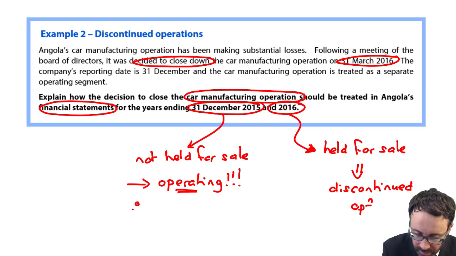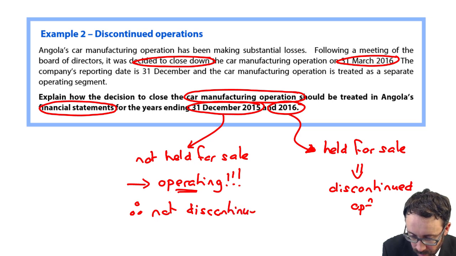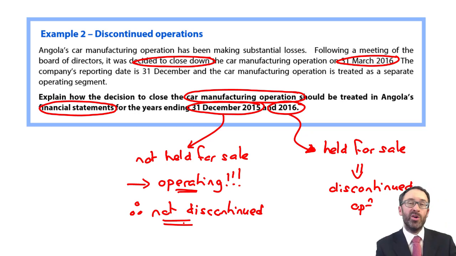So therefore, not discontinued. You could, if you so wish, because it's a significant event in the post-reporting period, have it as a disclosure note and disclose the fact that the decision has been made and that the business will be discontinued next year.